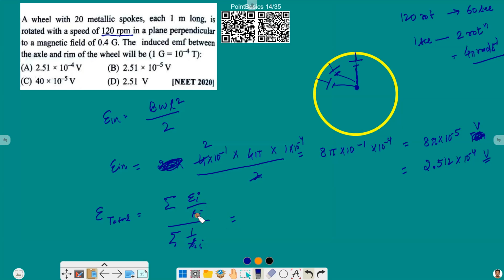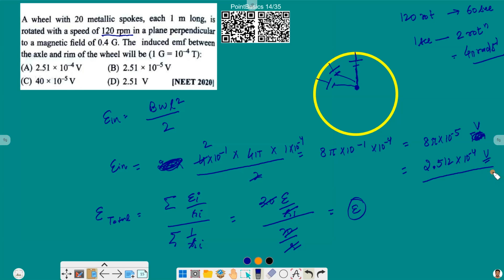As we have a total of 20 batteries, their sum will be 20 times E by 1 by resistance, divided by the summation of 1 by Ri. 20 times it will be 20 by R. So R gets cancelled, 20 gets cancelled, and we are left with E. Means if we attach 20 batteries in parallel of the same EMF and the same internal resistance, their combined EMF will be the same as that of a single battery.